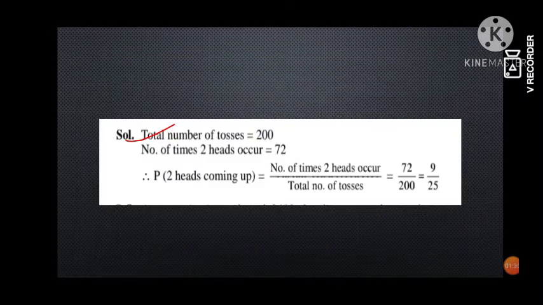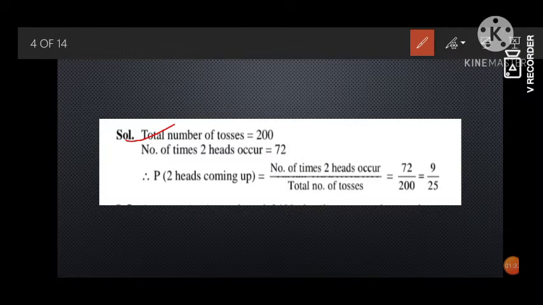So the probability of 2 heads coming up is 72 by 200, which is equal to 9 by 25 after simplification. So 9 by 25 is our answer for sum number 4.